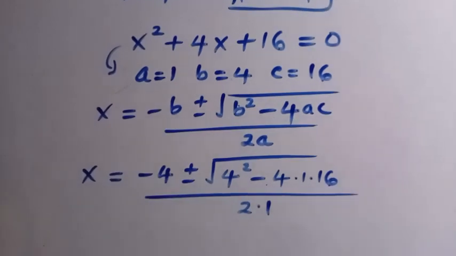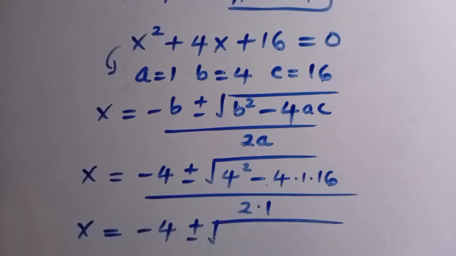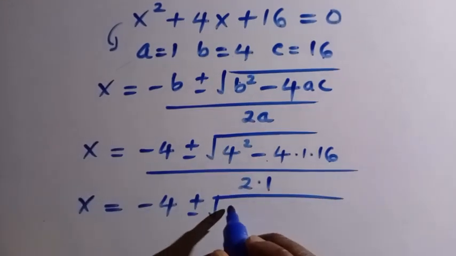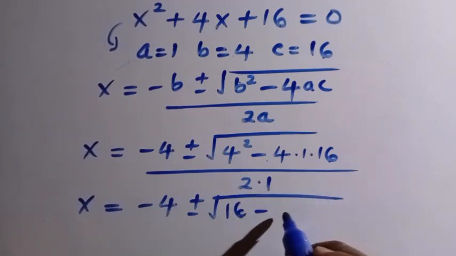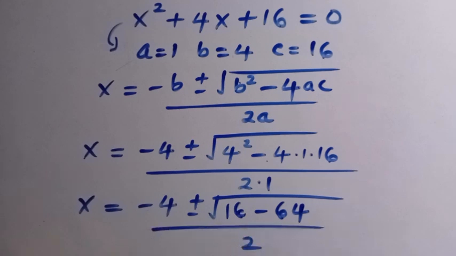And then we can see this as the expansion. We have x equals minus 4 plus or minus the square root of 4 squared, that is 16, minus 4 times 16, that is 64, divided by 2.